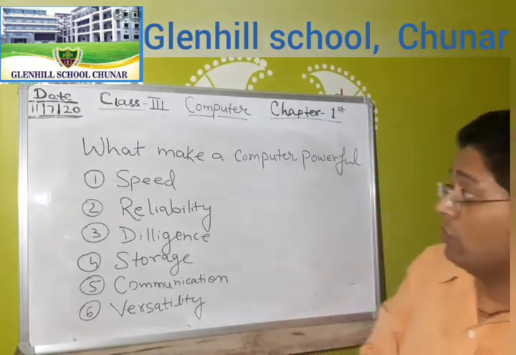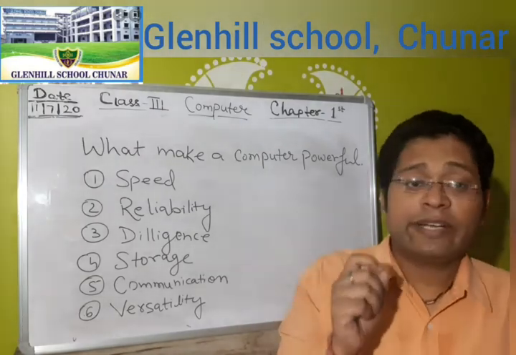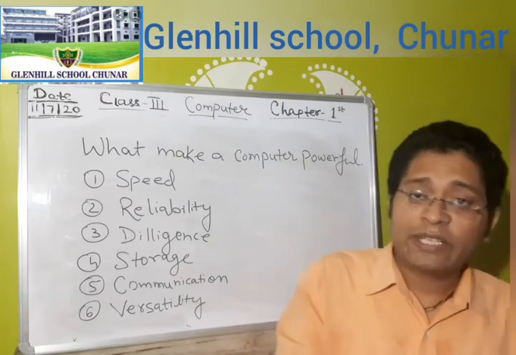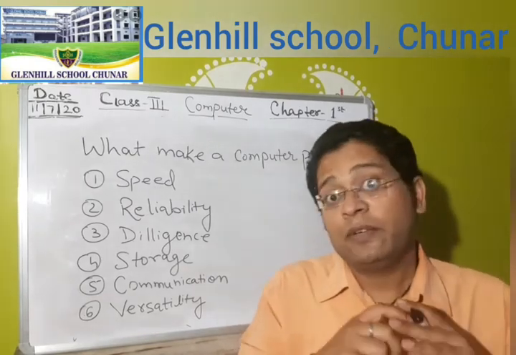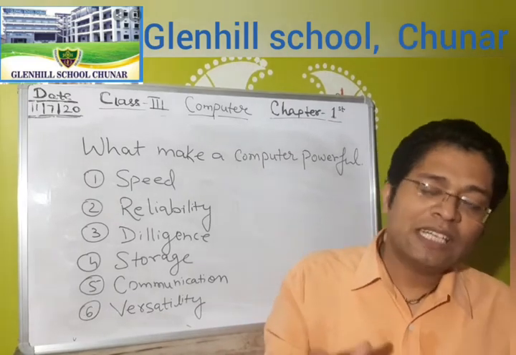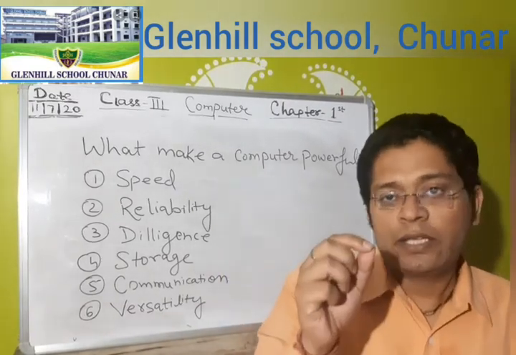Okay, so first I will talk about what speed is. The working speed of a computer is very fast, and it can process a large amount of data very quickly.